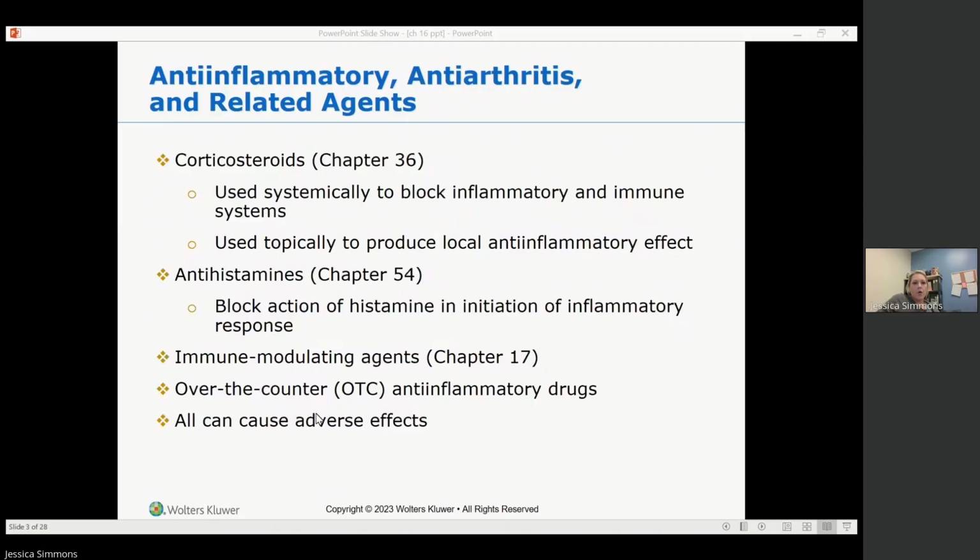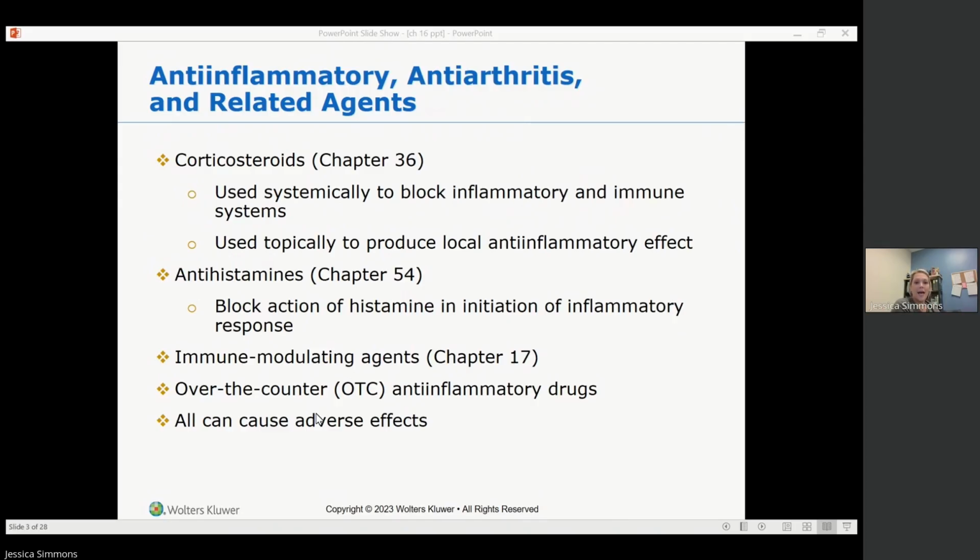We have corticosteroids, which we have already discussed. They are used systemically to block inflammatory and immune systems, used topically to produce local anti-inflammatory effect. So corticosteroids are always going to have an effect on the immune system. The longer you take steroids, the more effect they have on the immune system.